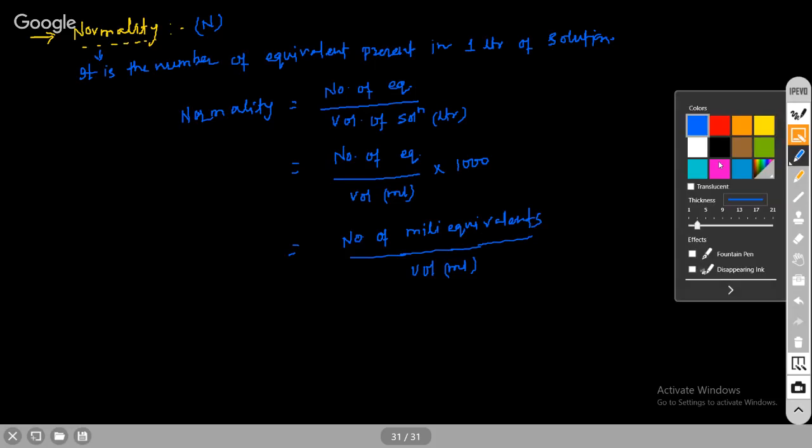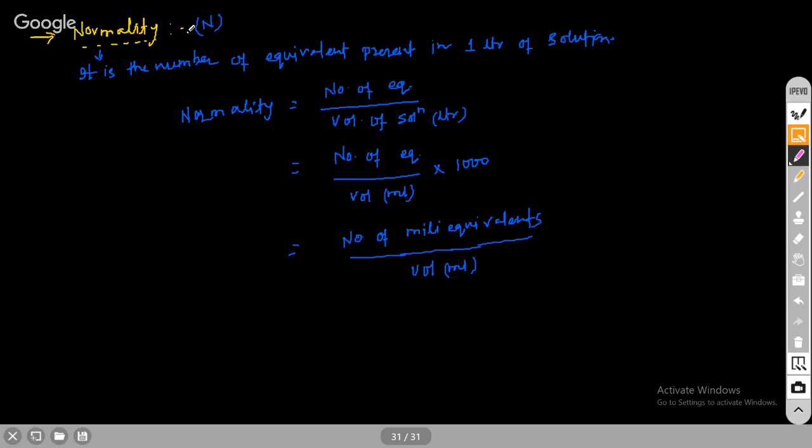If you compare normality and molarity, the difference is that in molarity we take number of moles, but in normality we take number of equivalents. These are three expressions of the same thing, we are just changing the unit.